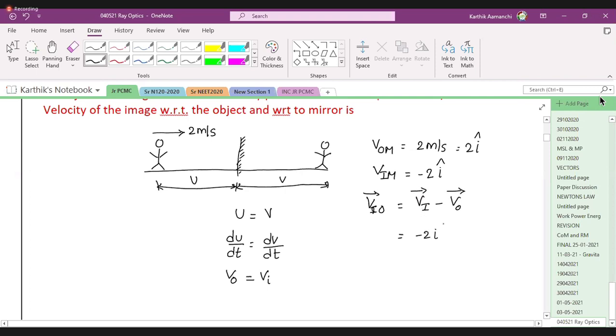Minus 2 I cap. Minus velocity of object is how much? 2 I cap. So velocity of image with respect to object is 4 meters per second towards the object.